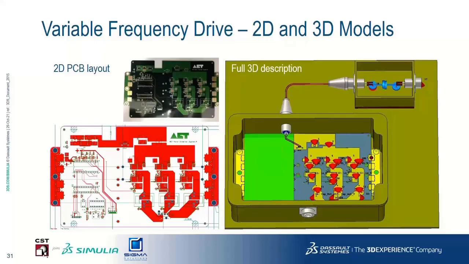So here you see we included the entire PCB, all its components on the schematic. We included the housing, and we would assign the materials accordingly as well. Just again to make sure it's as close to reality as possible, and this is very important in order to get accurate results.